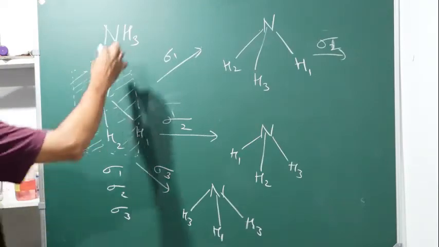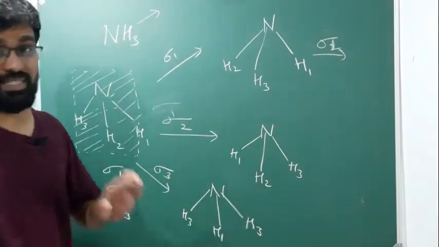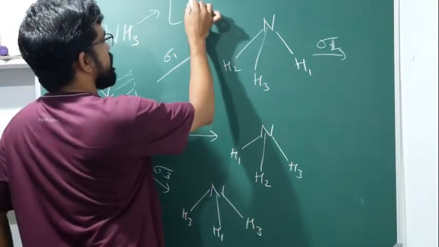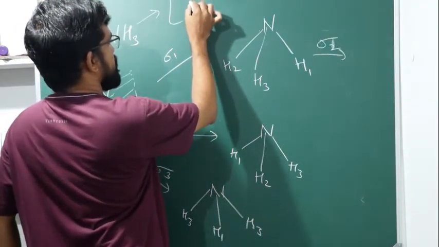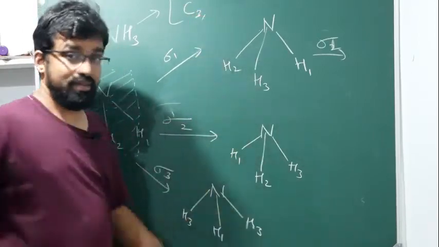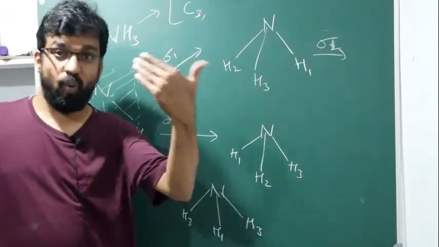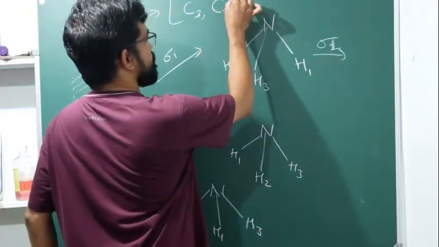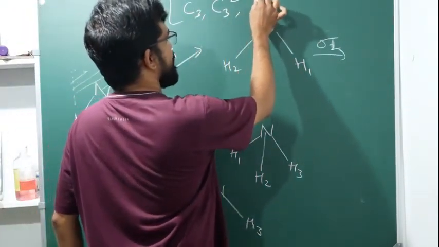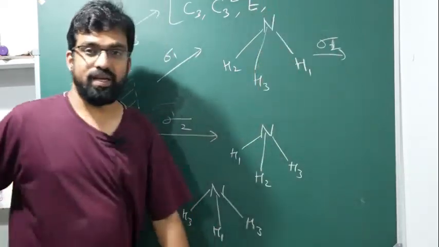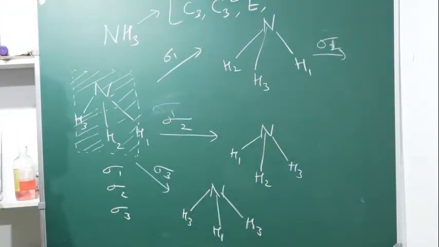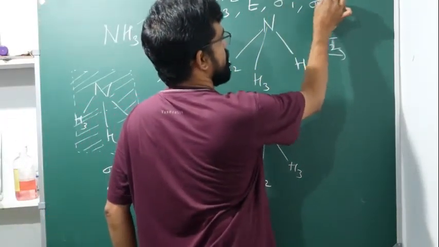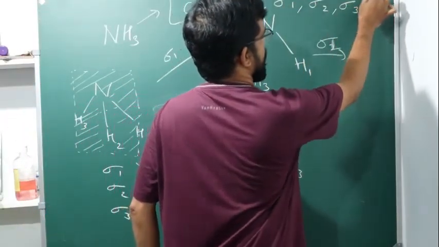So for NH3, what are the symmetry elements, and what is the order of this group? You see here, that is C3, then C3 square, C3 cube, that is E. You can start with E. Now sigma 1, sigma 2 and sigma 3.